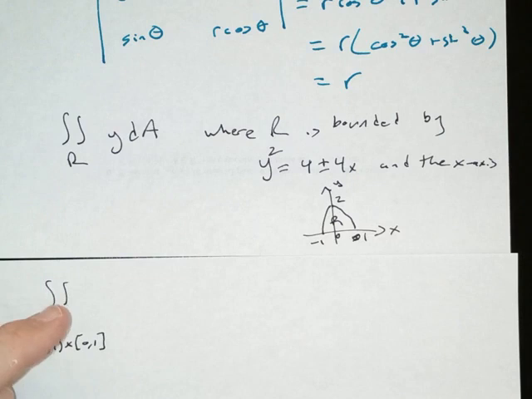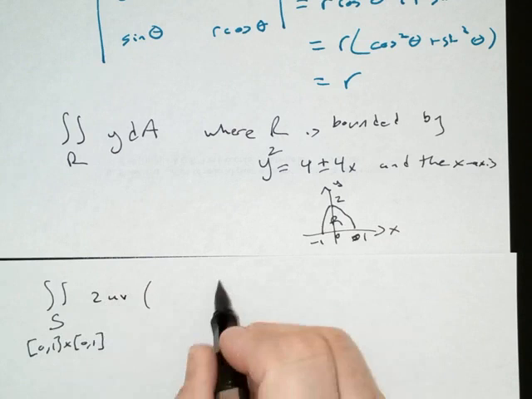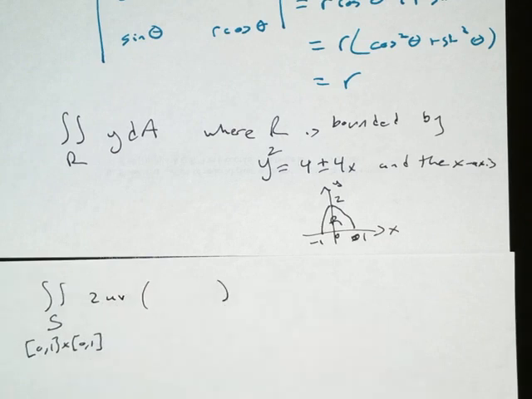What was the y equation of my transformation? Not the polar one, the UV one. 2UV. What was the Jacobian of my transformation?